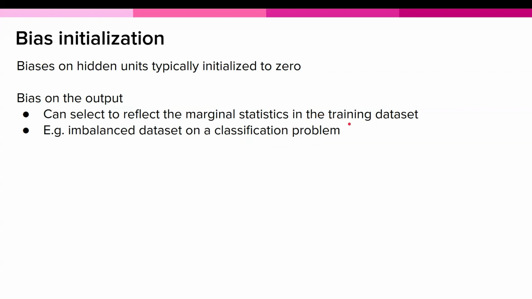For example, in a classification problem with an imbalanced data set, where one class is much more common than others, you might want to initialize the bias to account for that imbalance. The idea is to set the bias initially so that the output distribution is similar to the distribution of labels in the data set. And so you could ensure that the network starts with a bias towards the majority class on the output.